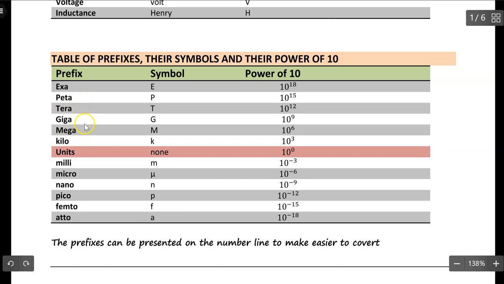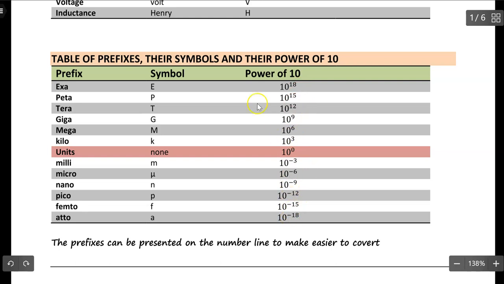So they would say giga, mega, and all that. So you know that giga is a lot higher than mega because it's all listed in terms of the power of 10. Okay, so from the biggest to the smallest, and we only go from 18 to negative 18.